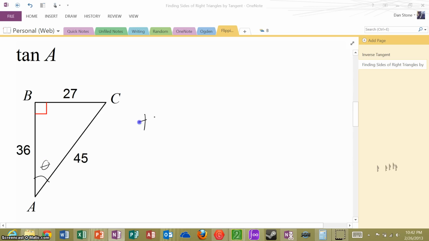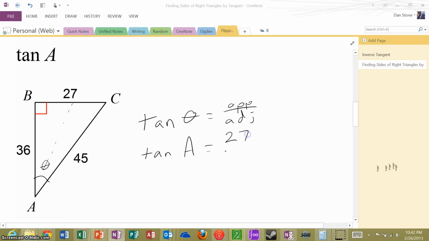And our tangent of theta, remember, is opposite, I'm going to just abbreviate OPP, over adjacent, ADJ. We're looking for the tangent of angle A. So I'm going to look across from this angle all the way up here. The one that does not form the angle, hey, that's 27.